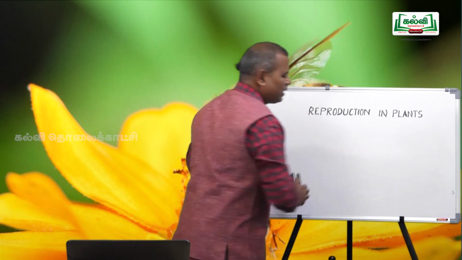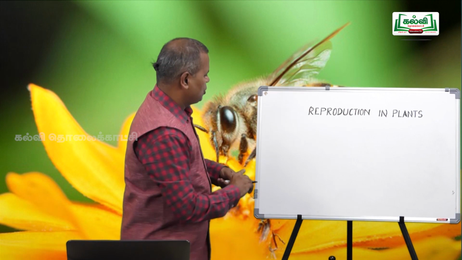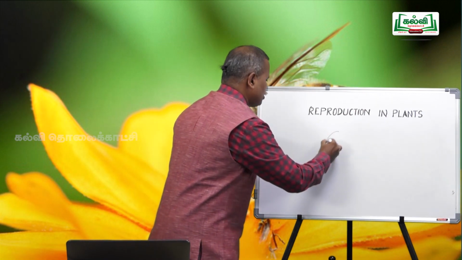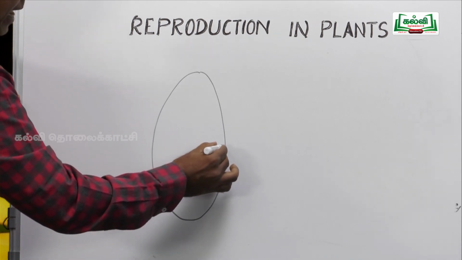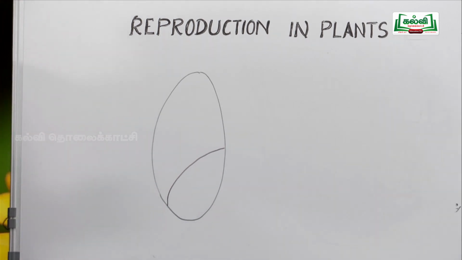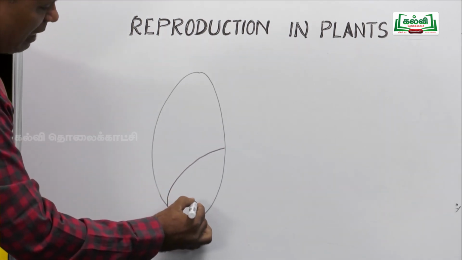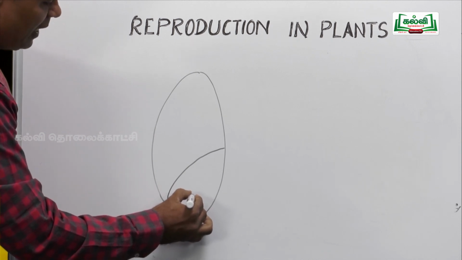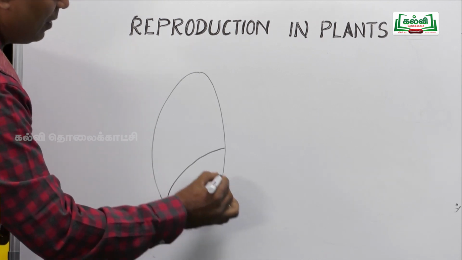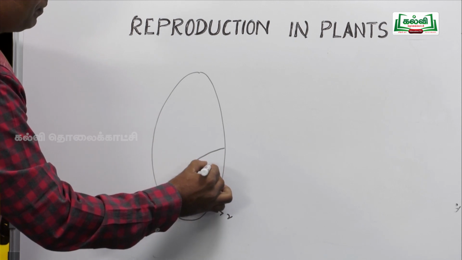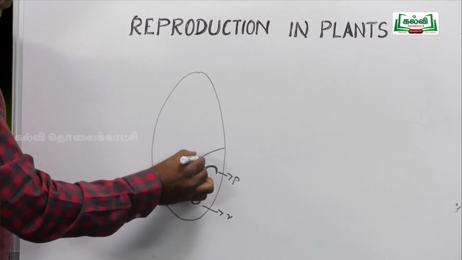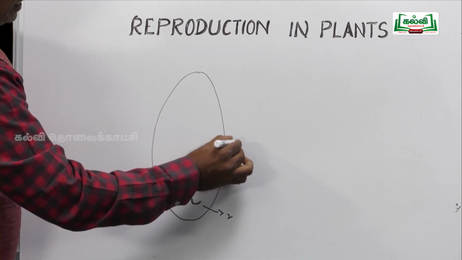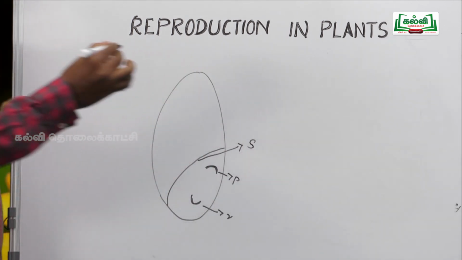Now we come to the structure of monocot embryo. See here, this is a monocot seed. In this area, the embryo is present. The embryonic root of monocot is said to be radicle. The embryonic shoot is said to be plumule. The cotyledon of monocot is known as the scutellum.